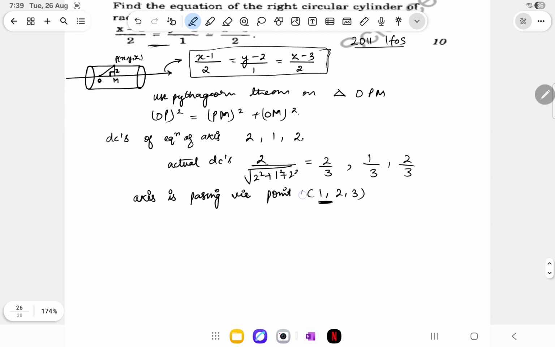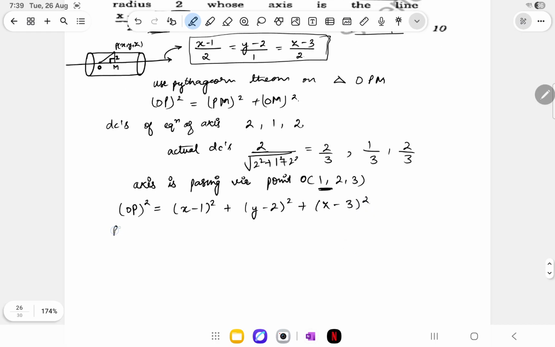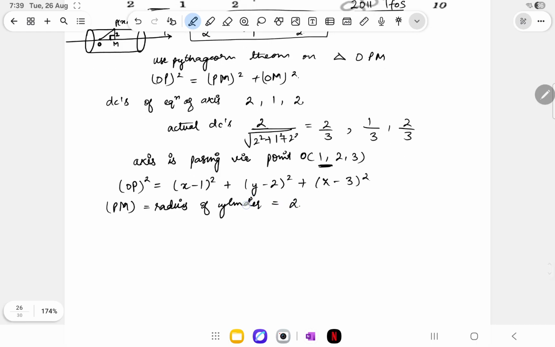So if this is my point O, then my OP square using distance formula would be basically x minus 1 square plus y minus 2 square plus z minus 3 square. And my PM is basically the radius of cylinder, which is 2. It is given to us in the question.